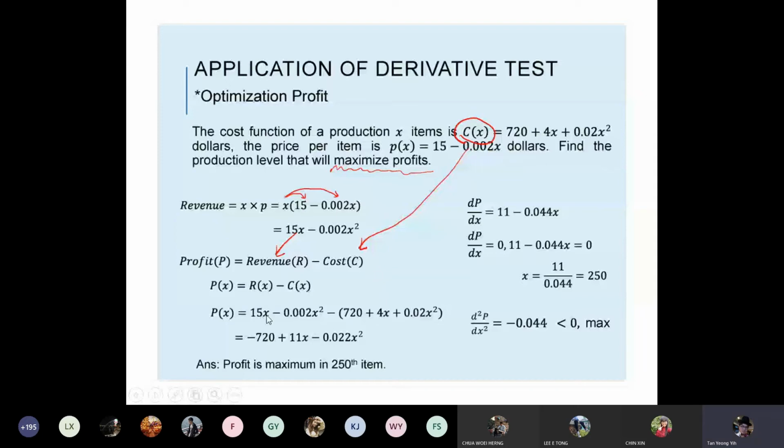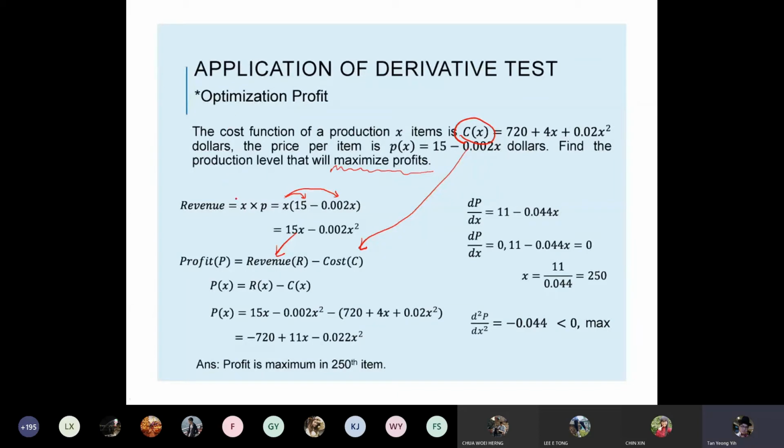All right, 15x minus 4x, so 11x. And negative 0.002x squared minus 0.02x squared. So we get negative 0.022x squared. So this is the profit function.